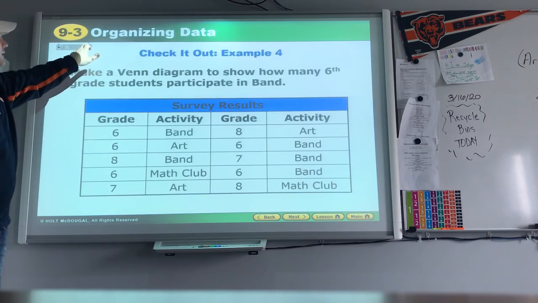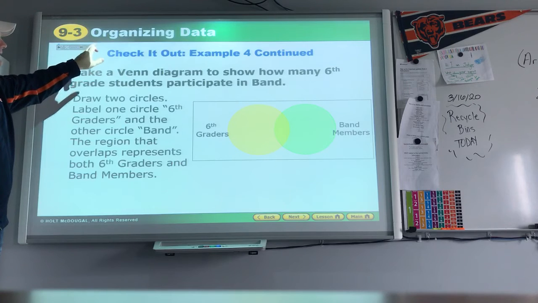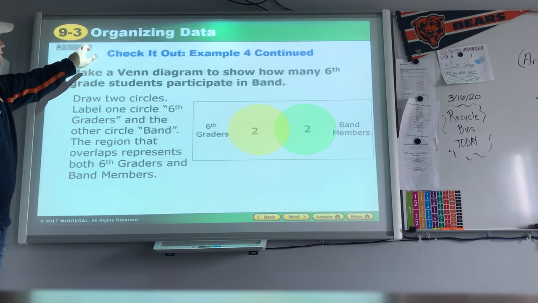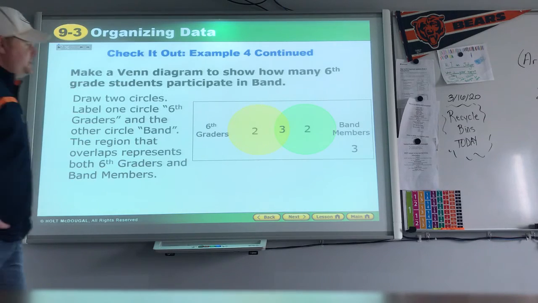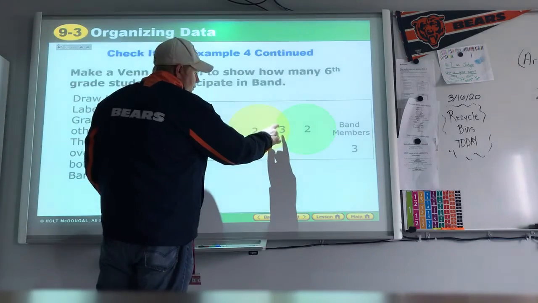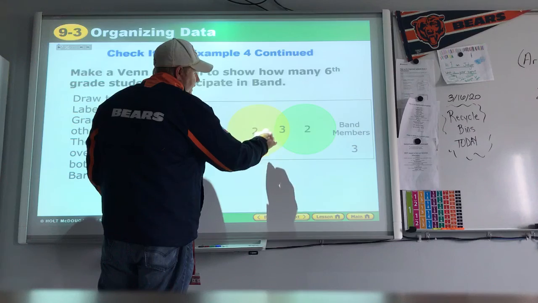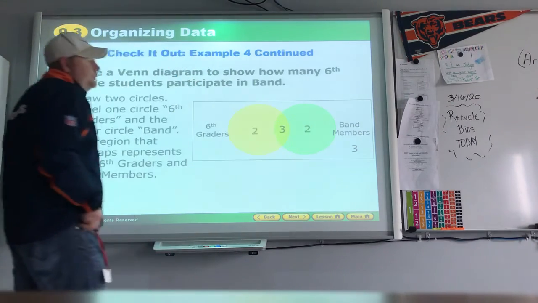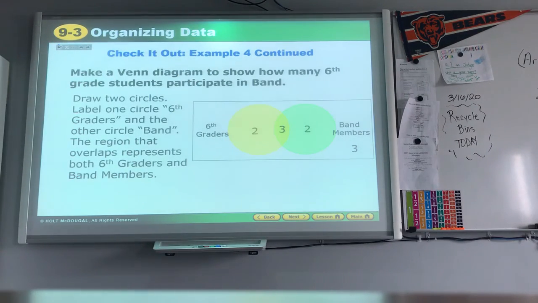Okay, when we look at this one, 6th graders and band members, there are 2 6th graders, there are 2 band members, there are 3 that do both. So actually, 2, 3, 4, 5, and there are 2 that are band members that aren't 8th graders, and there's 3 that are 8th graders. So we have our 5 band members.